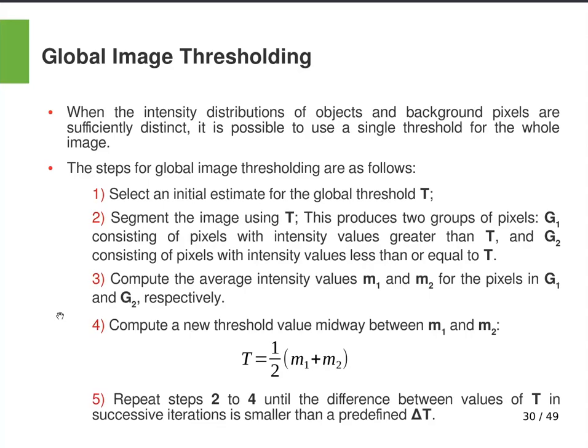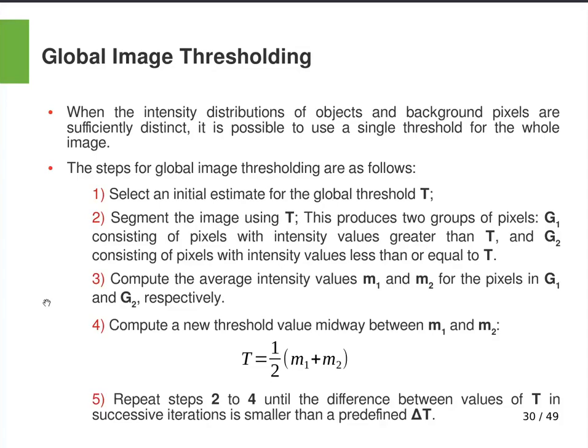So the new threshold will be T equals 1/2 (M1 + M2). And now you repeat steps 2 to 4 until the difference between the values of T in successive iterations is smaller than a predefined delta T.